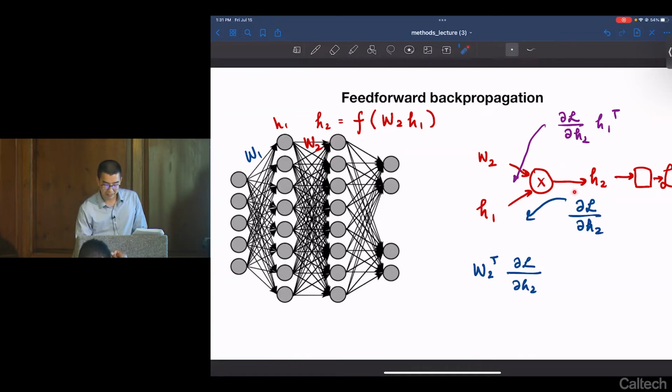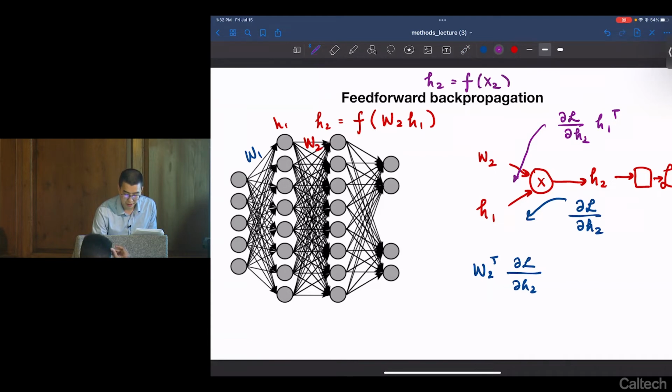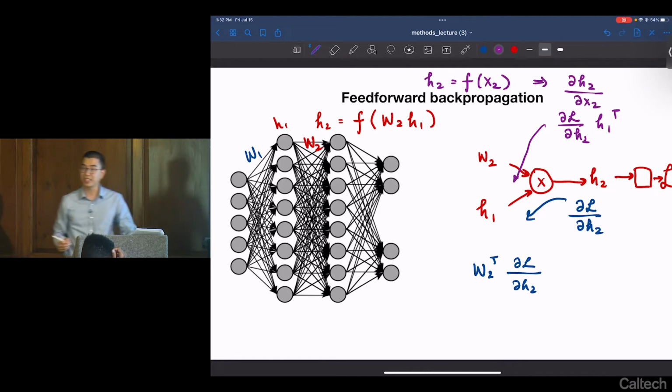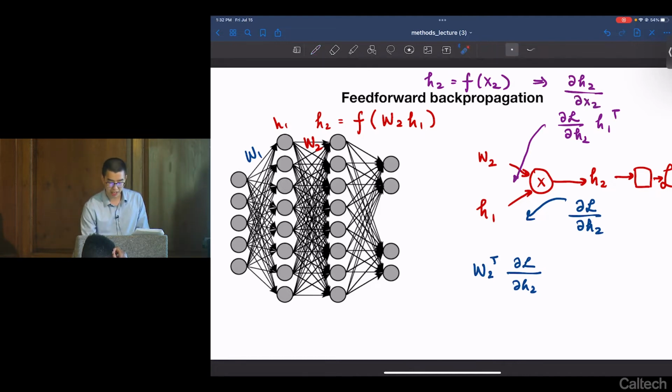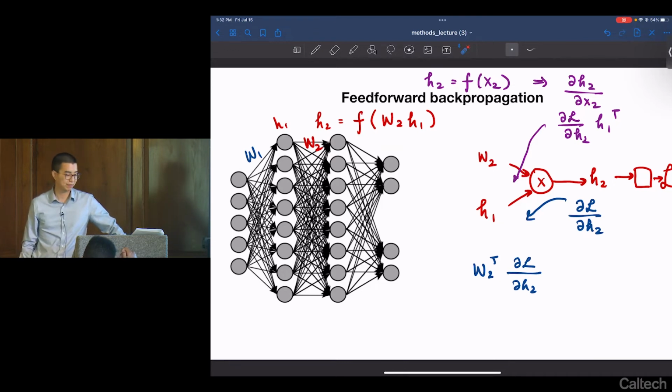So there should be an F here, and if there's an F here, what we need to do is, if I called H2 equals F of X2, then I would have a gradient dH2/dX2 that is a matrix, and I would need to multiply dH2/dX2 by dL/dH2 to get dL/dX2. Right? So everything is just the continual use of the chain rule here.